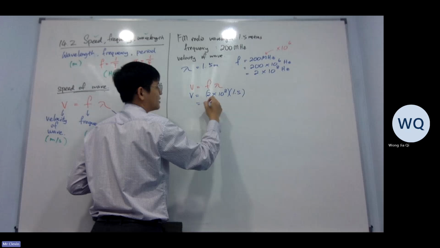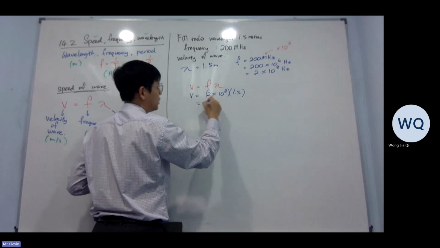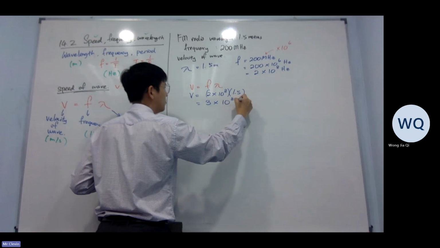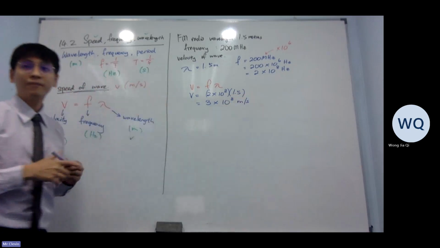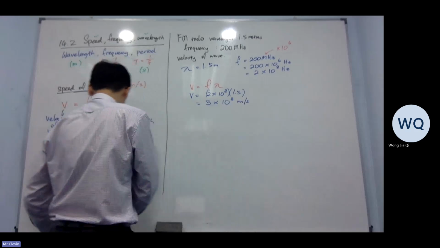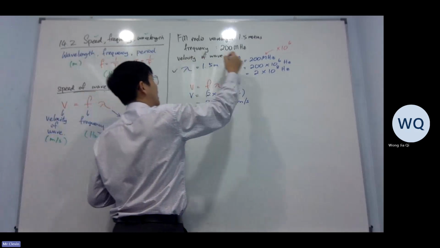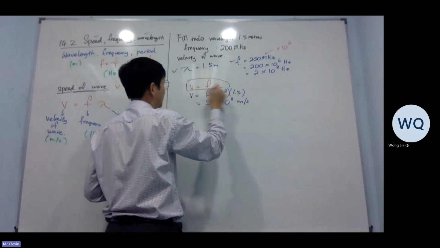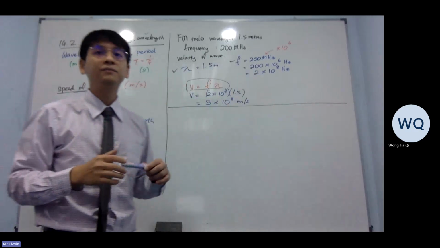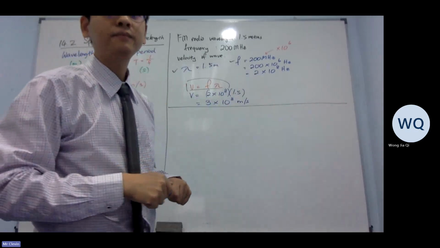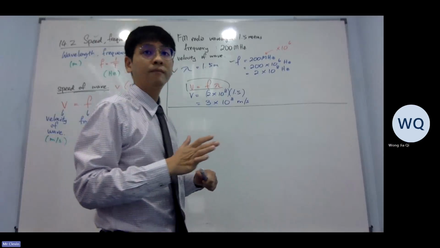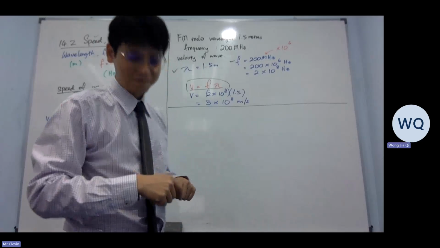So your final answer is equivalent to 3 times 10 to the power of 8 meter per second. Every time you do it, identify what you have, then apply the formula. That's how we calculate. Did you change it from 200 to 2 because it has to be less than 10? Yes, you're right, in standard form, yes.